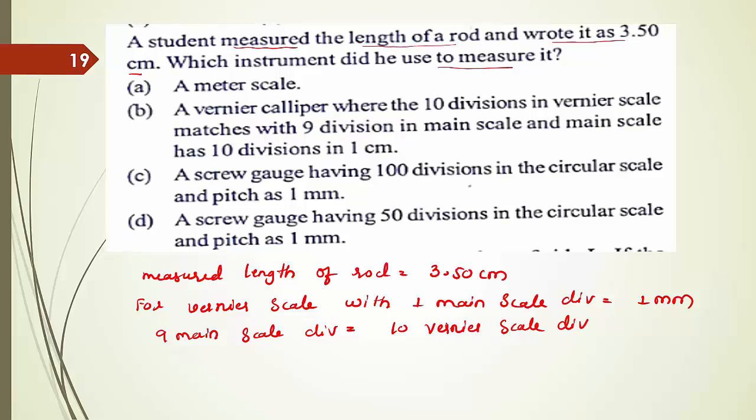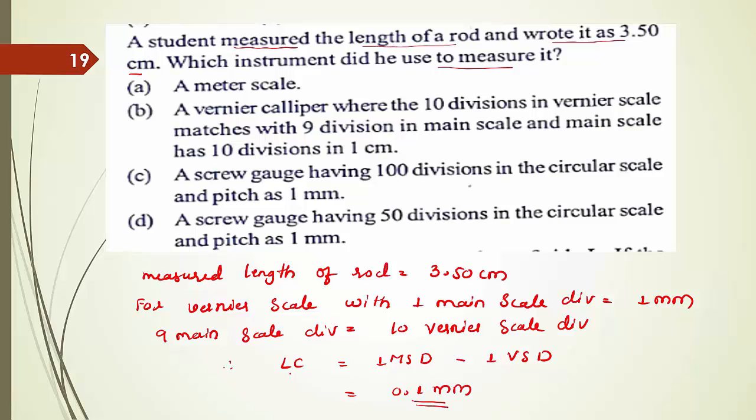This part you can understand when you start to use the instrument in practical. So therefore least count is equal to 1 main scale division minus 1 vernier scale division, which gives the answer 0.1 millimeter.